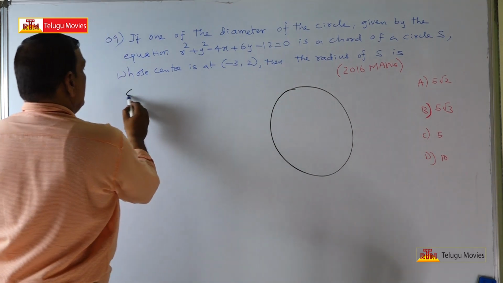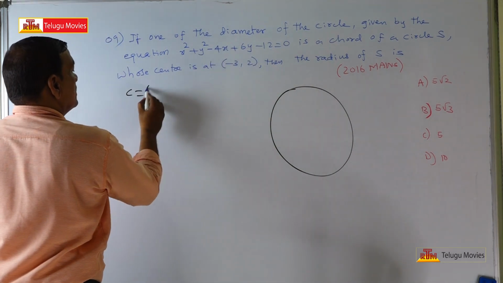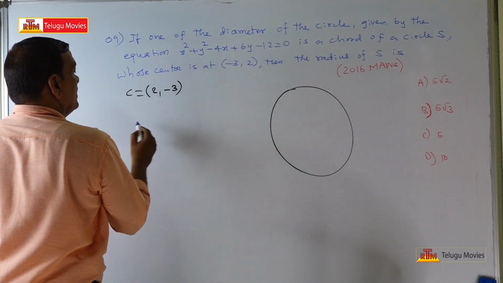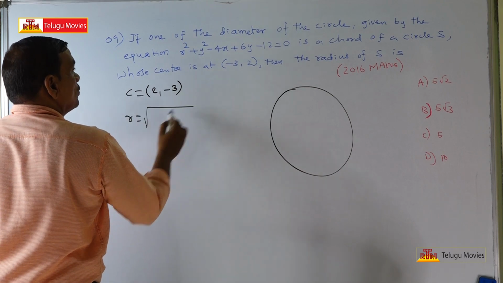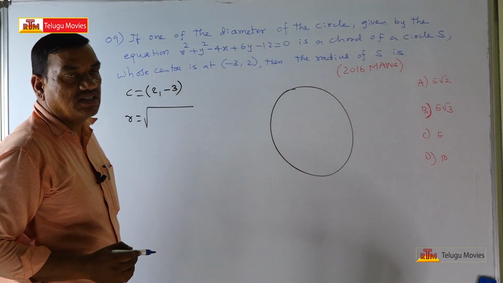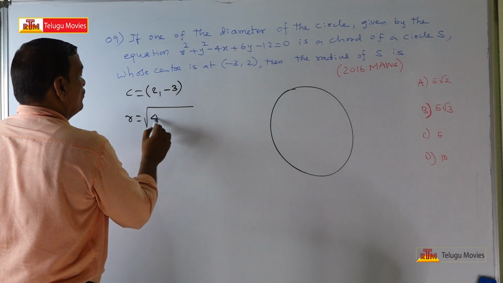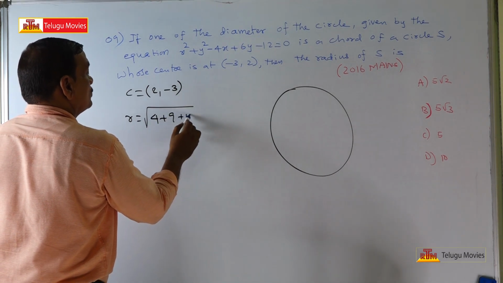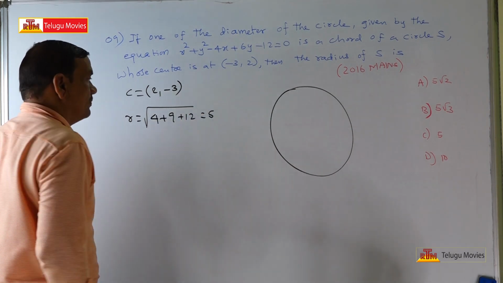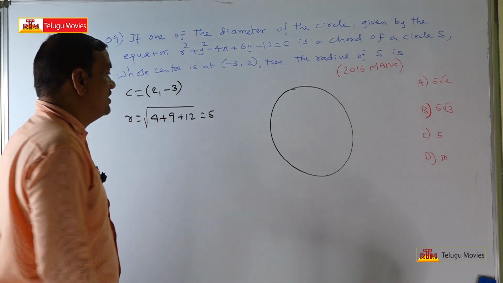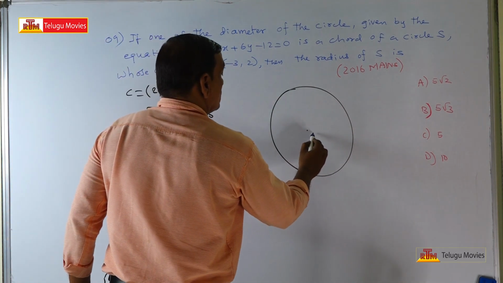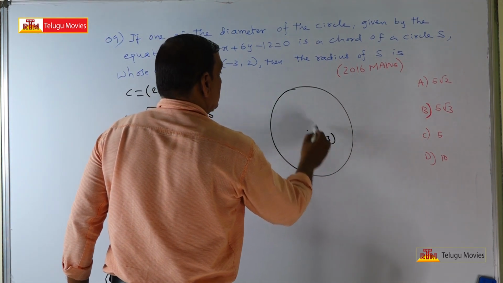So, this center is given as 2 comma minus 3, radius is equal to root of g square plus f square minus c, that is 4 plus 9 plus 12, that is equal to 5. So, this circle center is 2 comma minus 3.